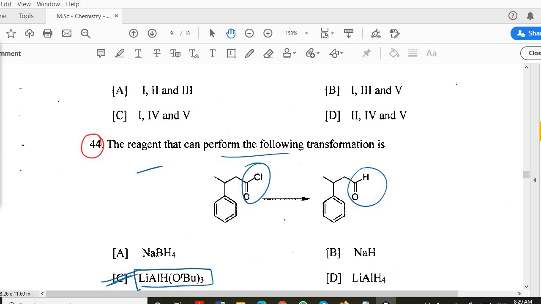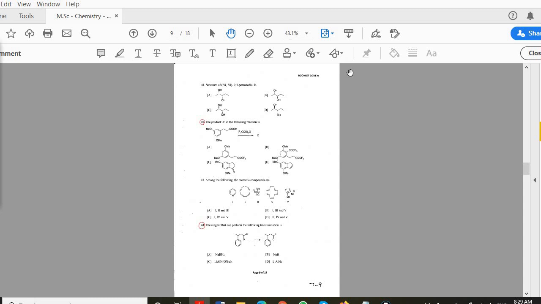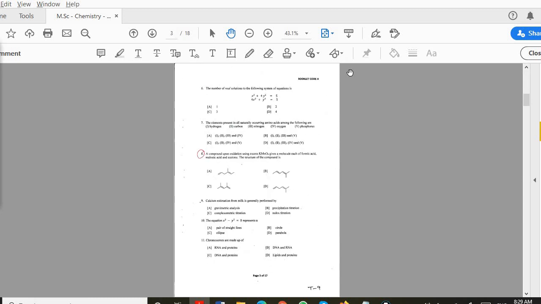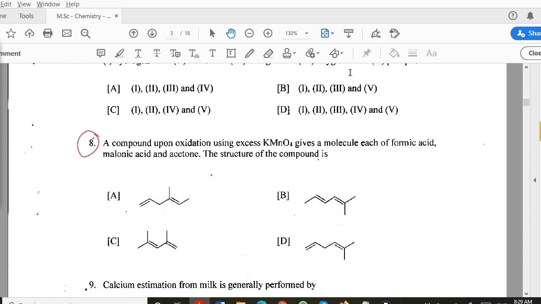Okay. So here I am going to discuss some more examples which occurred in the previous exam. If I start from the starting, question number 8 is one of the previous questions in 2019, which is asking about the reagent system KMnO4.